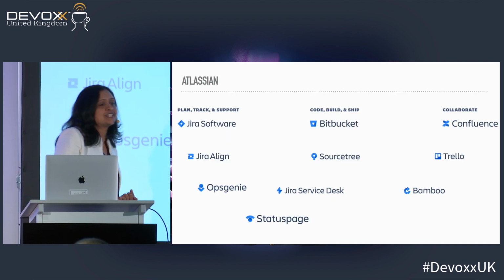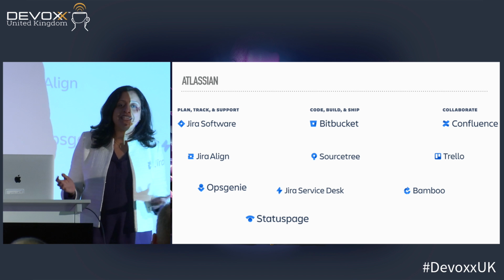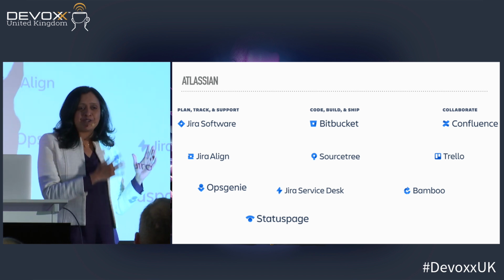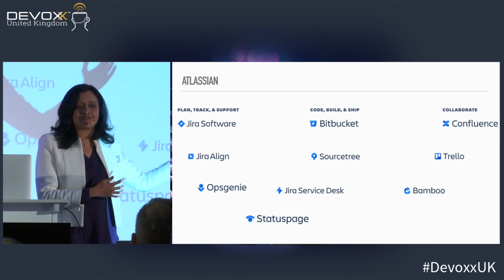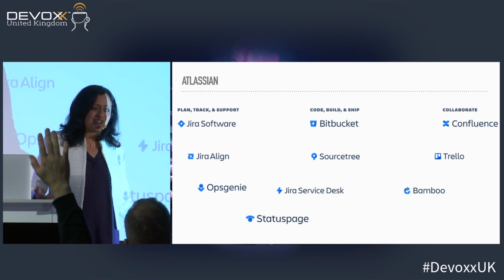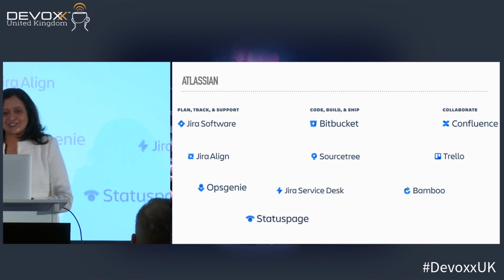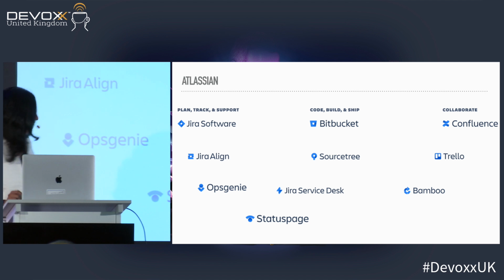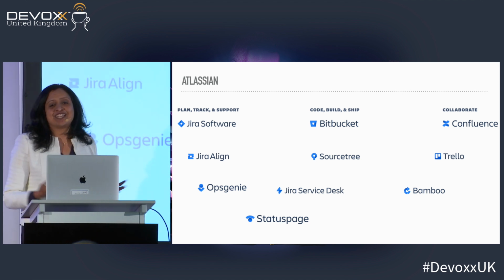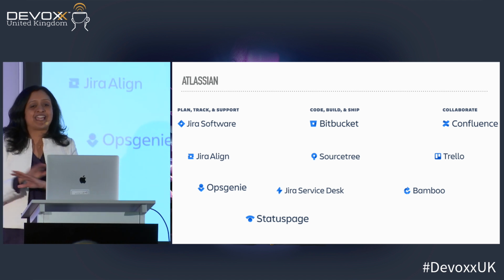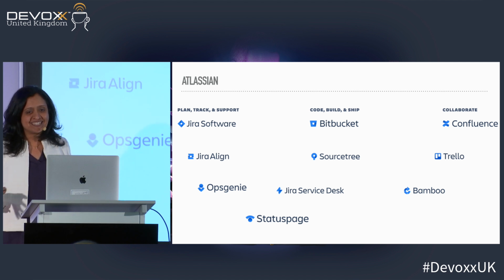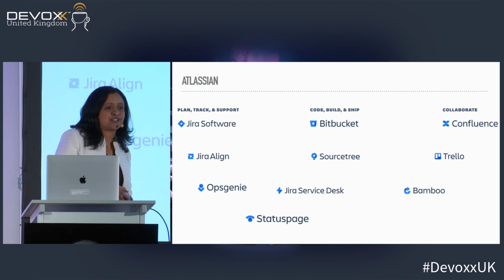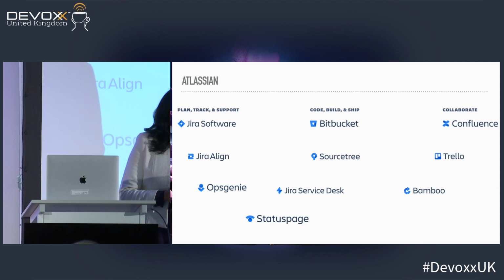So about Atlassian, if you could please raise your hands if you've used at least one of these Atlassian products. Fantastic. I'm in the right room with the right crowd. So yes, Jira is the darling. I'm sure everybody must have used Jira. Confluence is the next mothership product from Atlassian.